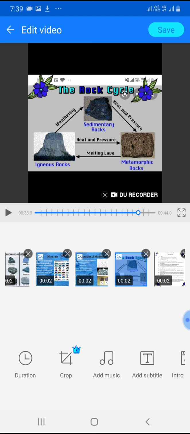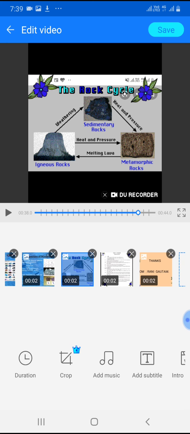When the igneous and sedimentary rocks are subjected to heat and pressure, they change into metamorphic rock. See this diagram? I hope you understand this. The metamorphic rocks, which are still under great heat and pressure, melt down to form molten magma. This molten magma can again cool down and solidify into igneous rock.